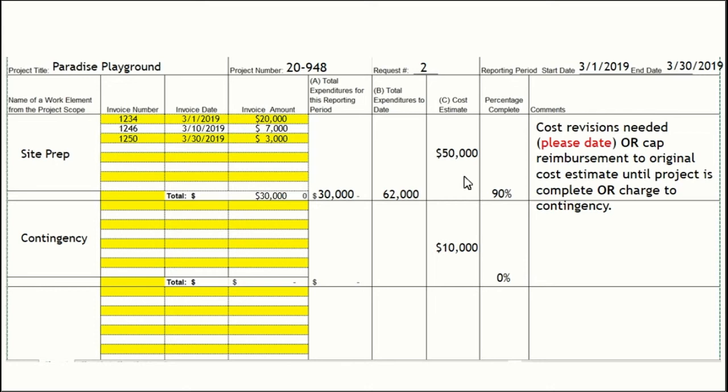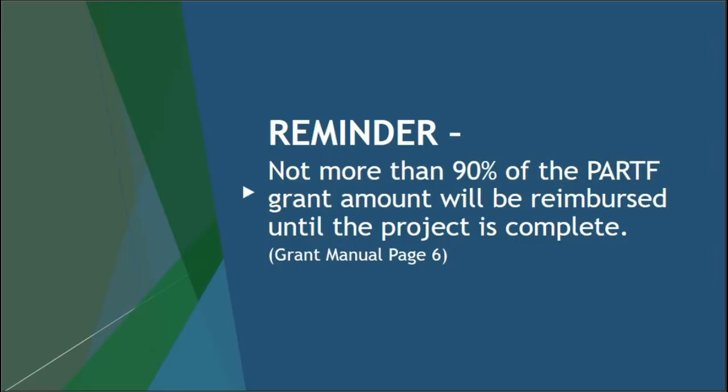Another option is you can apply some of the overage towards contingency if contingency was built into your budget. Just a reminder, not more than 90% of the PARTF grant amount will be reimbursed until the project is complete.